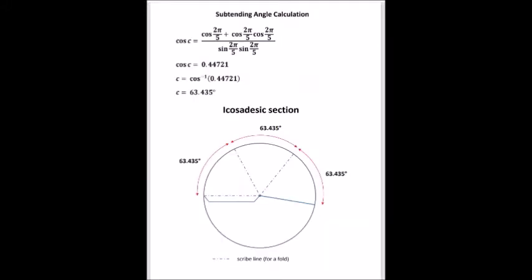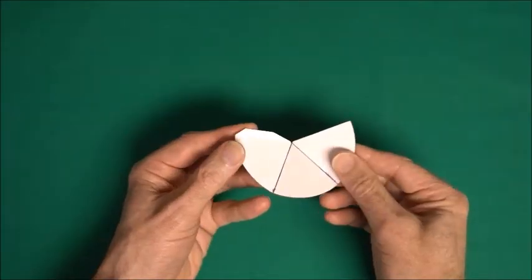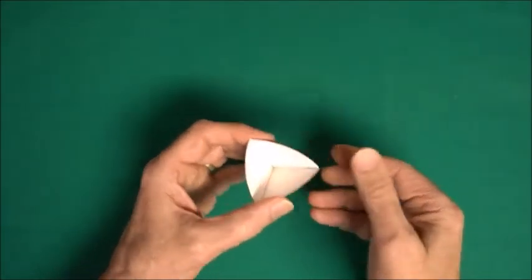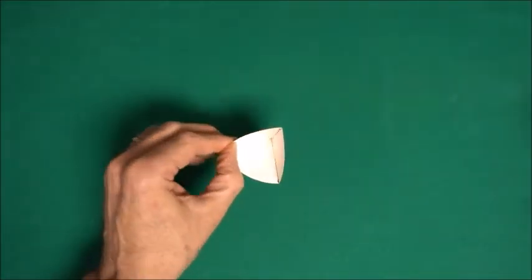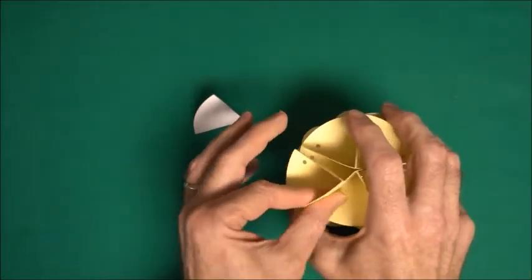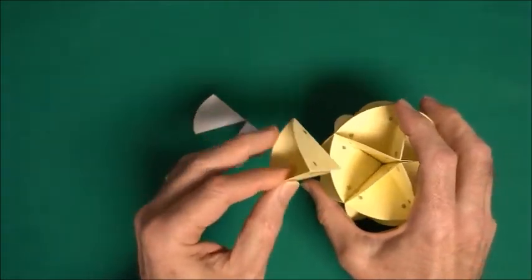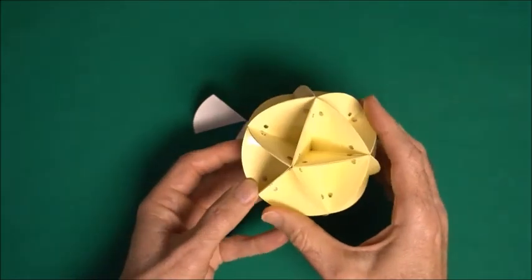With some simple calculations, the subtended angle computes to approximately 63.435 degrees. Now we can mark off these 3 angles on a circular plane to create a template for an icosahedric section. And once assembled, 20 of these icosahedric sections will form a complete spherical structure known as an icosahedric.